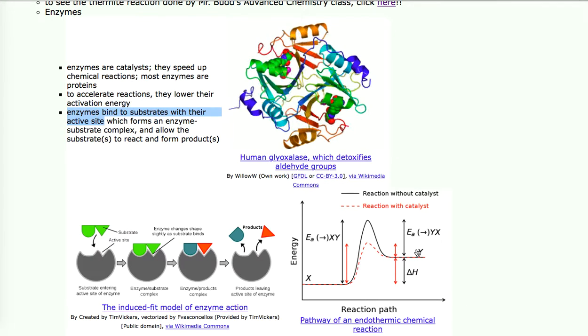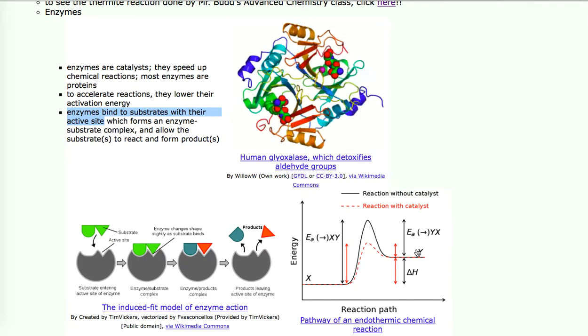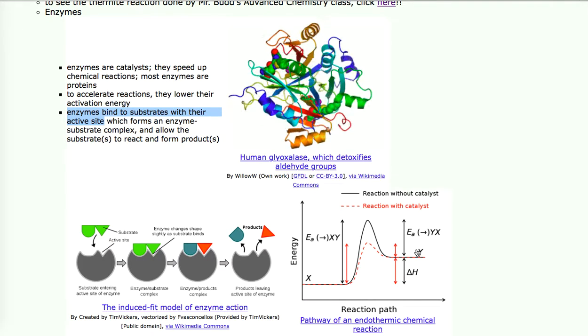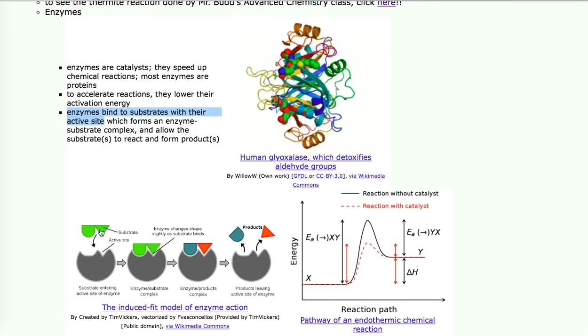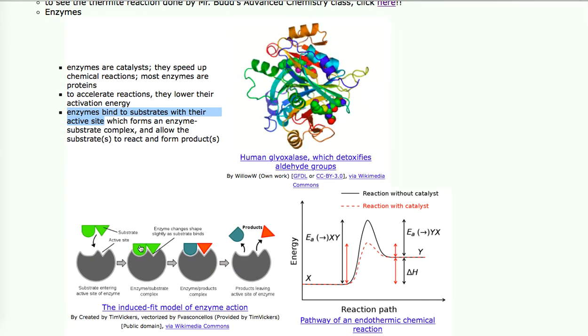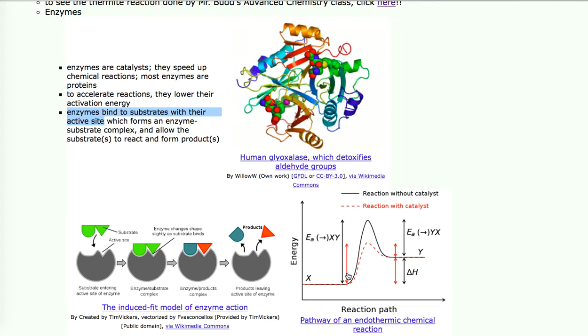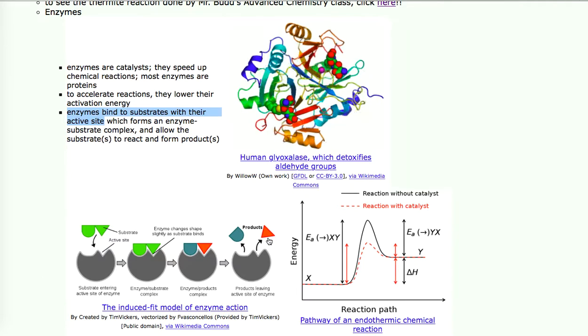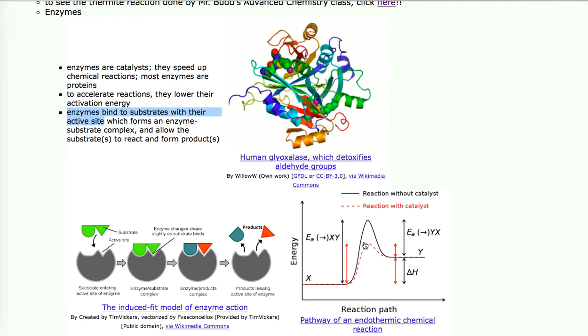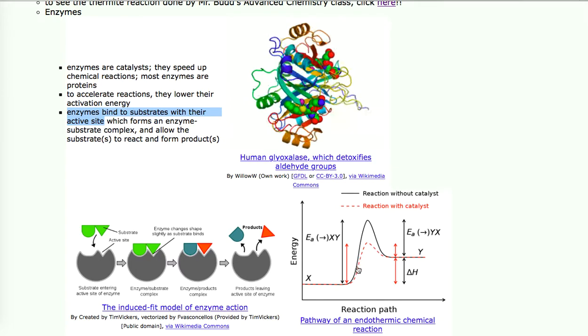Now, how does an enzyme work in this? Well, what the enzyme does is it brings this chemical into a configuration so that it can more easily become the products, which are the blue and the red product here. It lowers the energy barrier. That's what the red dotted line is.